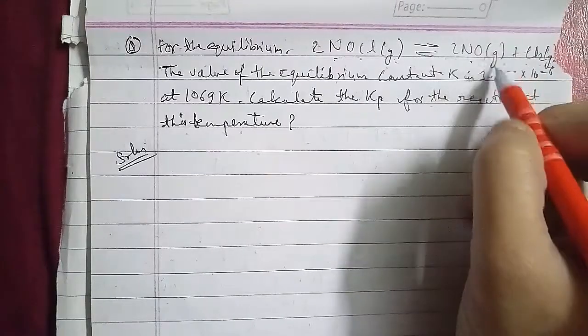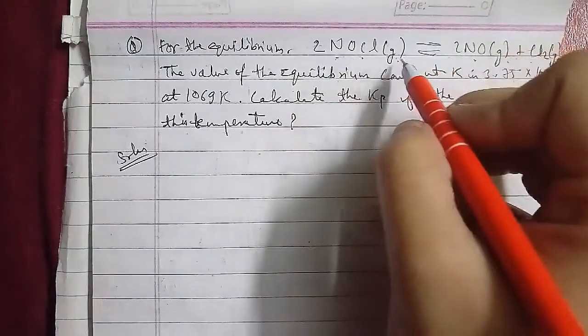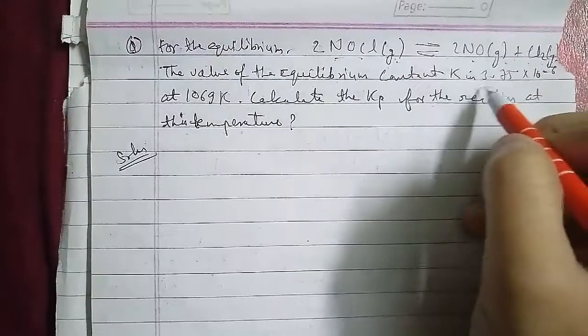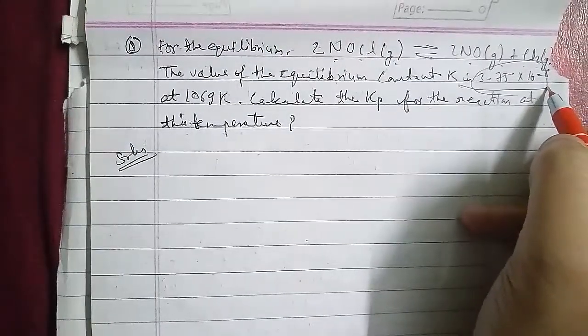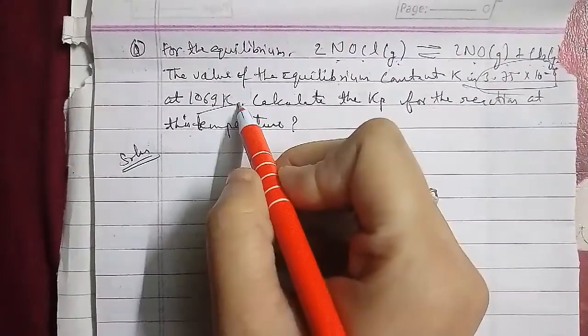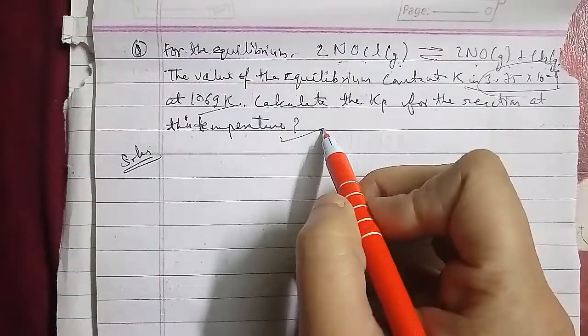For that, we have found delta n, so we'll just put in the values. Kp equals 3.75 into 10 to the power minus 6, multiplied by 0.083, multiplied by 1069. So what we'll get is Kp equals 0.033. This will be the answer that we had to find.